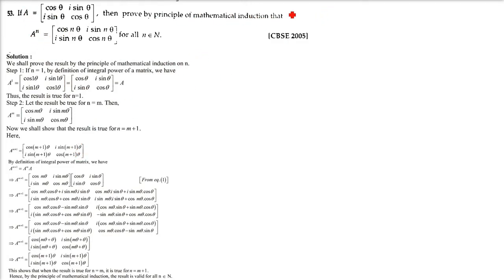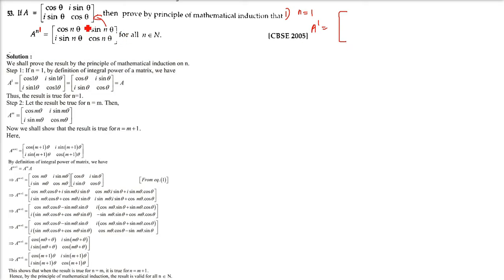So A raised to n, let us prove it for n equals 1, because n equals 1 has to be true. I'm showing it to you here. Just replace n by 1. That is A raised n, I'm replacing n by 1, so A raised to the power 1. What do you get?